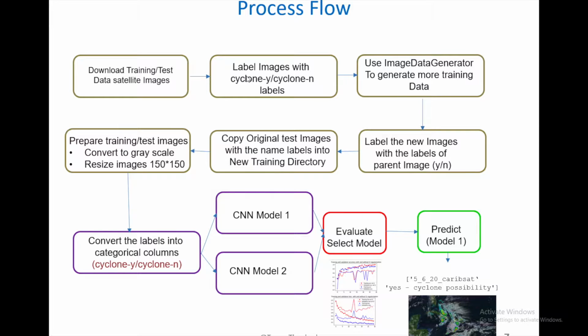So a label was given to each image with cyclone Y and cyclone N in the label, followed by the dot JPEG or PNG file extension. Cyclone Y would be the images which show developing cyclones, and cyclone N are the labels for those images which are non-cyclone images.